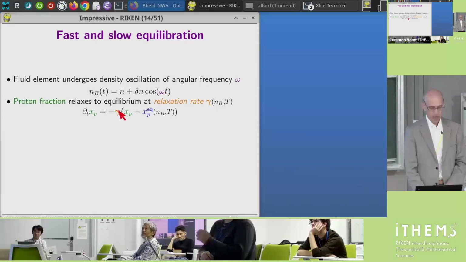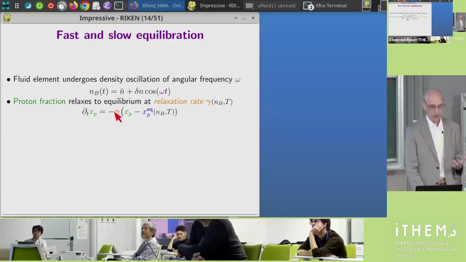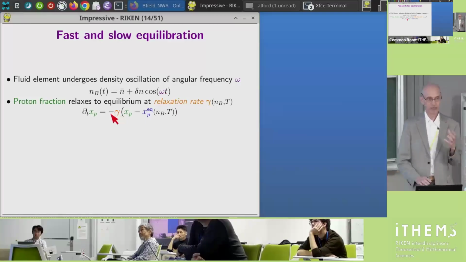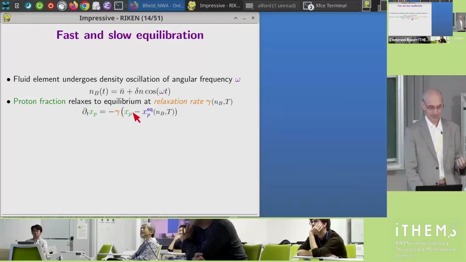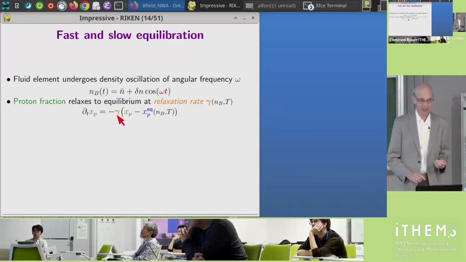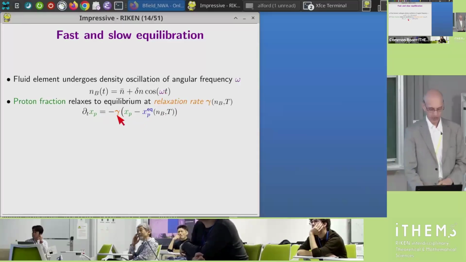And we also put in the process that brings the proton fraction to its equilibrium value for whatever the current density is. This equation says that at some rate gamma, which itself depends on density and temperature, the proton fraction is trying to relax back towards its equilibrium value. We call this the relaxation rate.